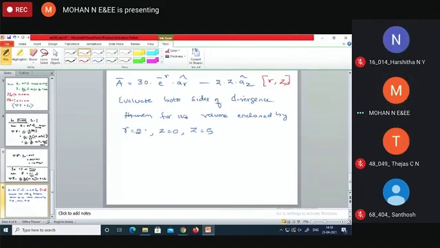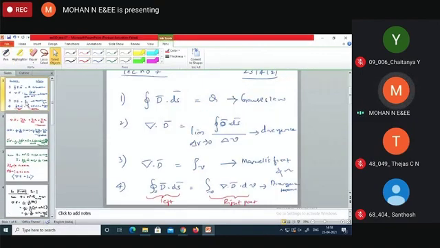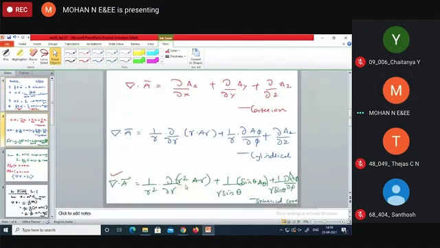So we have written the divergence theorem like this, the last one. This is the divergence theorem, so I will write it again.